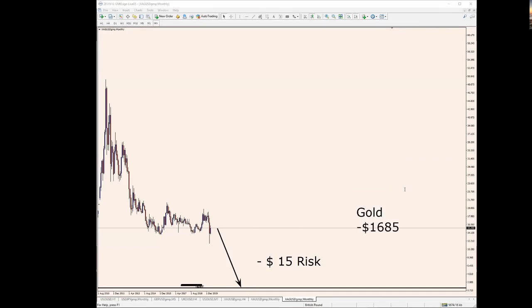Do you guys understand what I'm trying to compare over here? If yes, just comment yes. Yes, good. So in silver, it can't drop that much, not really. Let me show you.